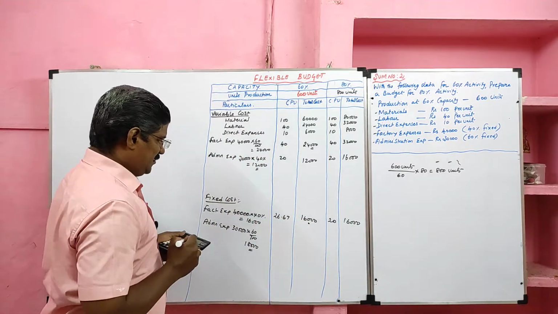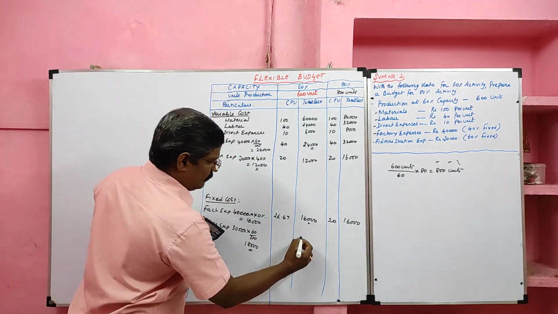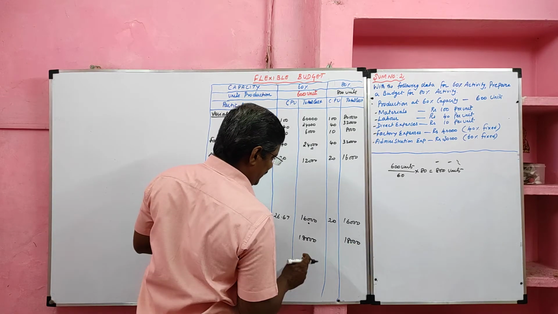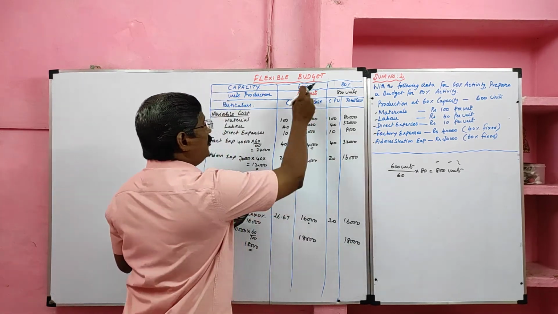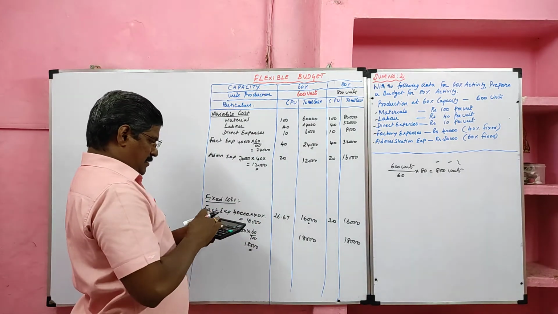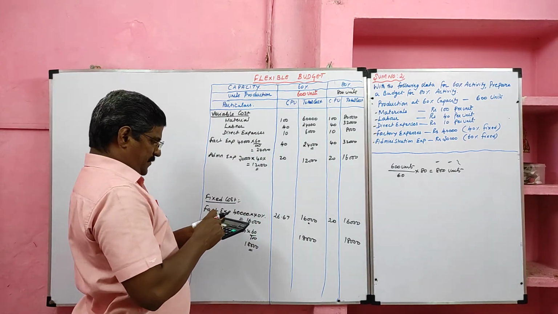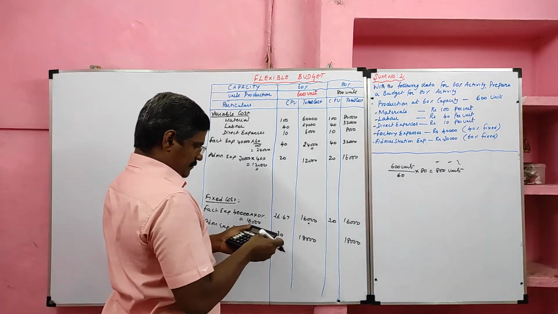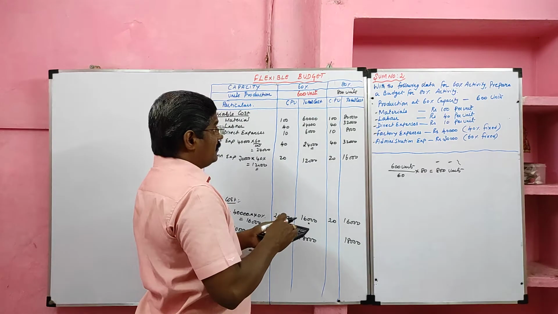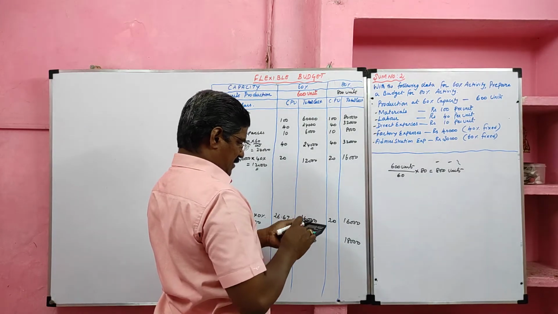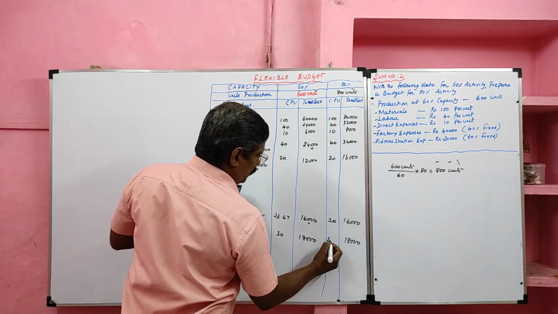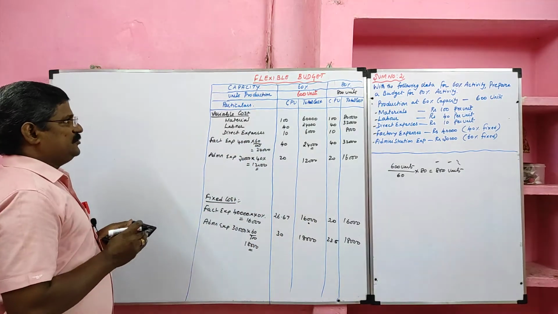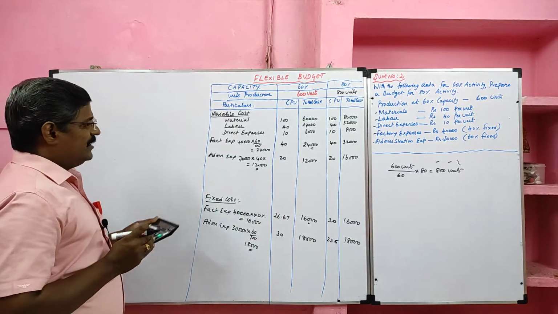Then fixed cost: total cost 18,000 remains constant at any level of activity, so the total cost is divided by units produced. 18,000 divided by 600 gives 30 per unit, and 18,000 divided by 800 gives 22.5.